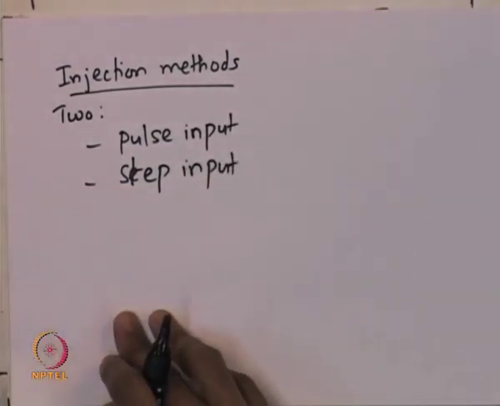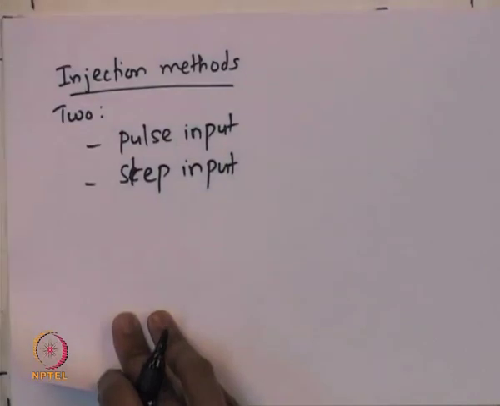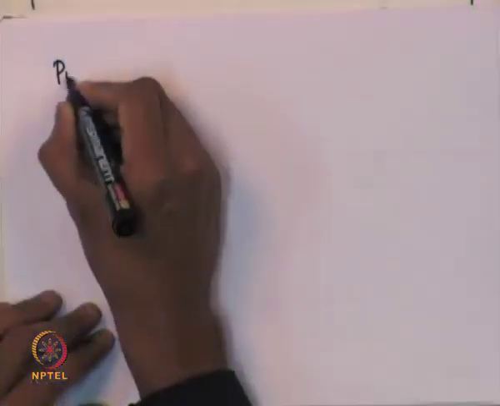These are the two methods used experimentally to measure the residence time distribution. Let us look more deeply into the pulse input method, and later we look into the step input method, and what the purpose of these two methods is. So, let us look at the pulse input method.